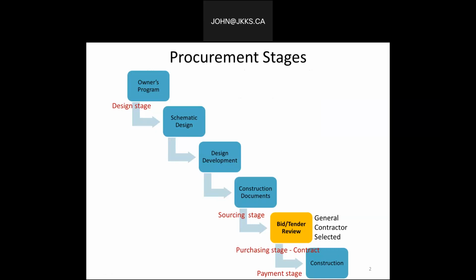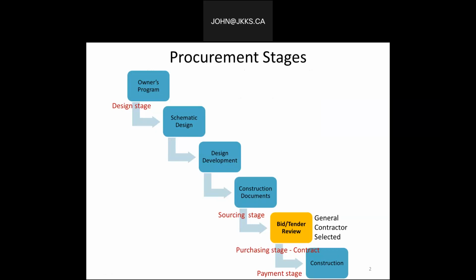We can see if we look through the various stages, starting with the owner's program, I indicated in my previous presentation, design stage, through to schematics, development of the design, and the actual formation of the construction documents.